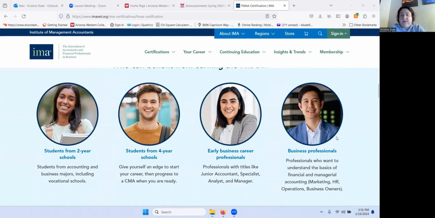Okay, who can benefit? They're talking 2-year, 4-year, and people with MBAs. Yes, but also early business career professionals, and that doesn't say they have a degree already. Those could be anybody, anywhere.